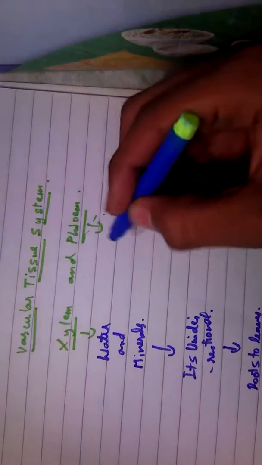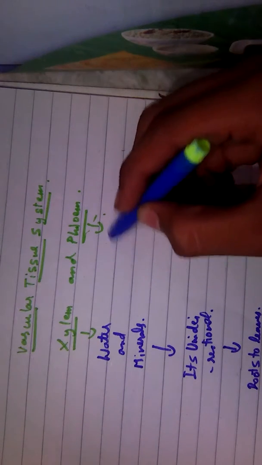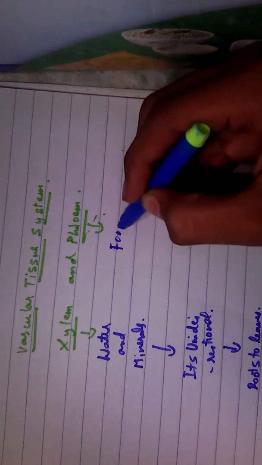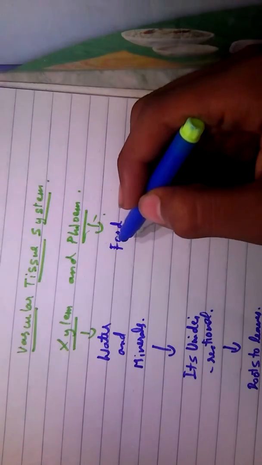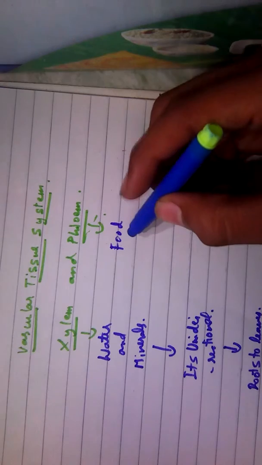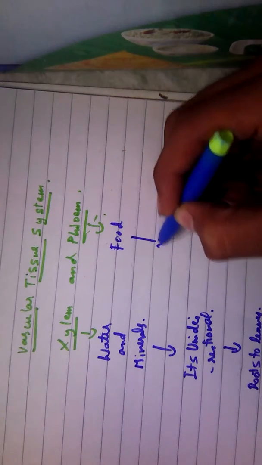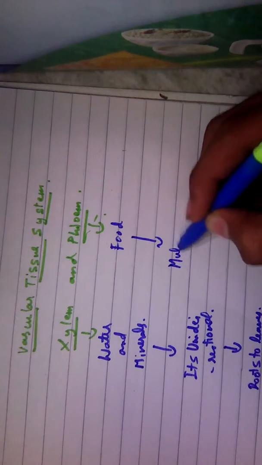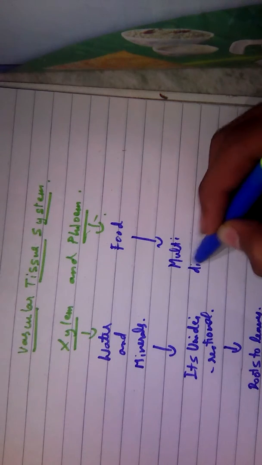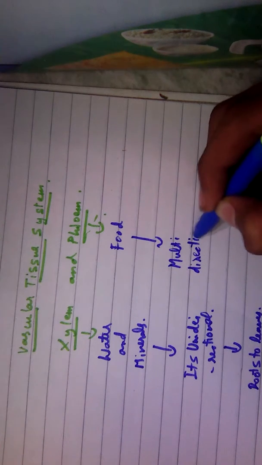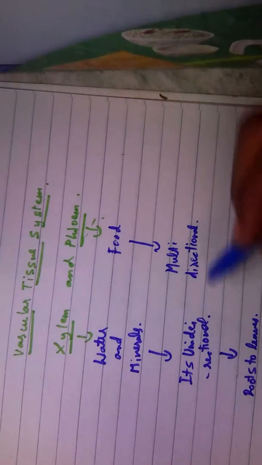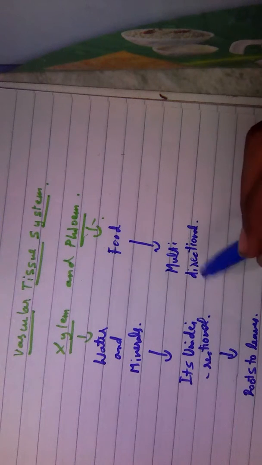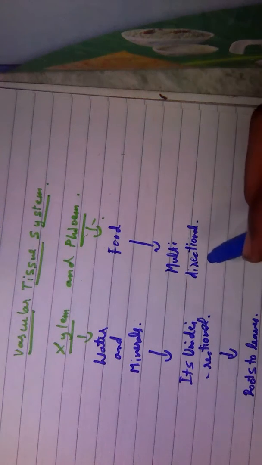Now let's come to phloem. Phloem carries food from the leaves to all parts of the plants, and it is multidirectional. It means it goes both up and down, because the plant needs food, right?